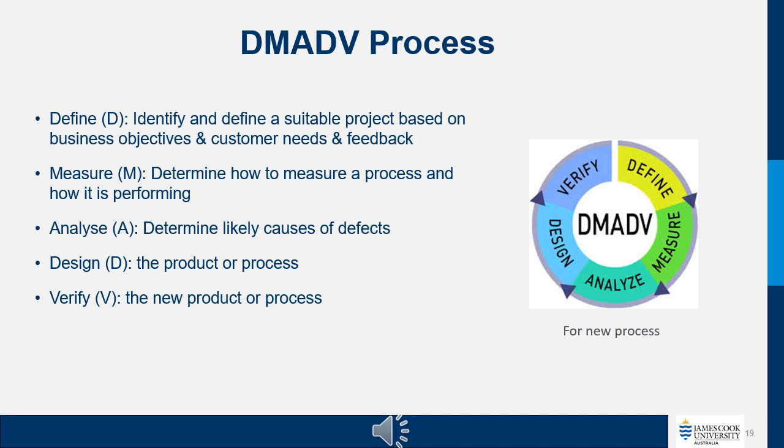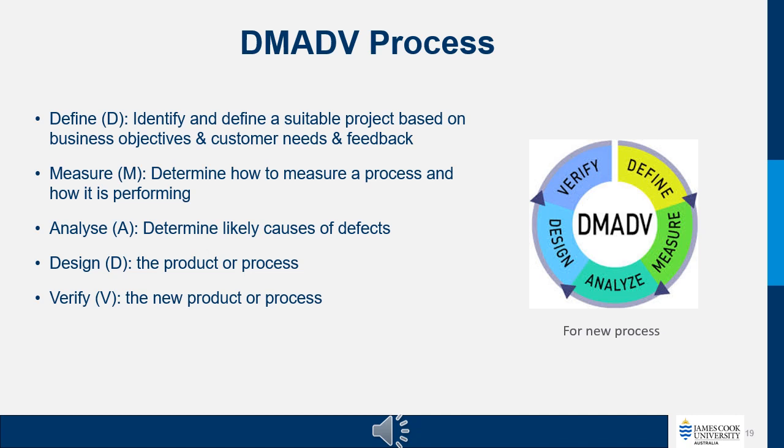Define: similar to DMAIC, the project team identifies and defines the project based on business objective, customer need, and feedback. The focus is understanding the requirements and setting clear goals for the design process. Measure. In this phase, the team determines how to measure and assess the performance of the current process or product if applicable.